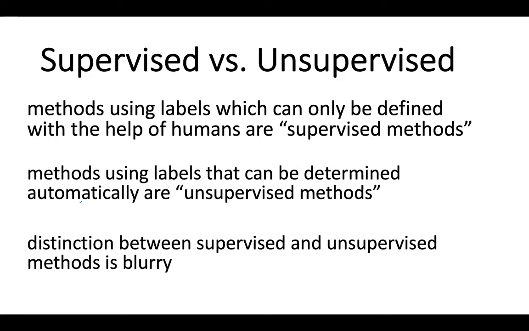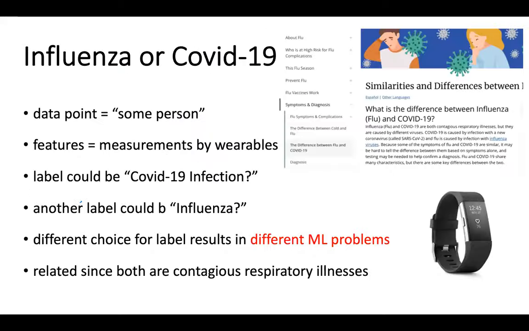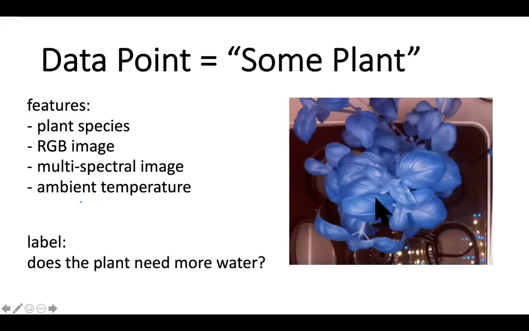So if you use as a label, for example, you consider a data point being a plant, and you want to predict the total number of green pixels in the image. This could be a label, but this is something you can almost directly calculate by knowing the red, green, blue values of the pixels.